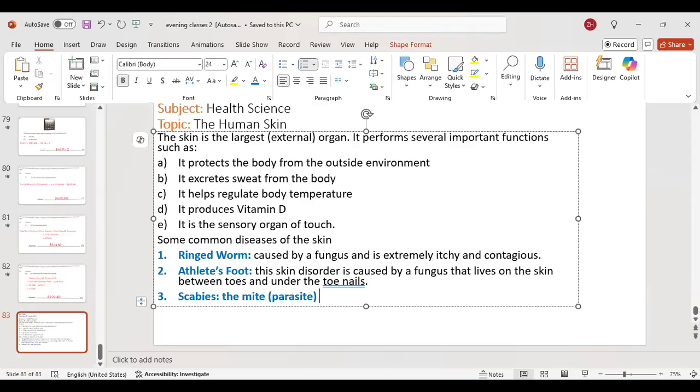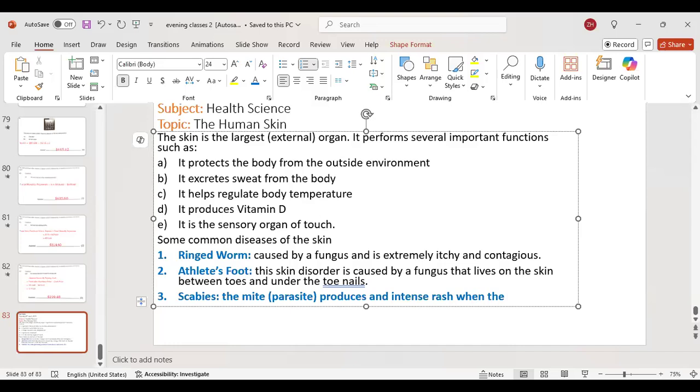So the mite produces an intense rash. Oh yeah, those happen when you drop food on the ground.